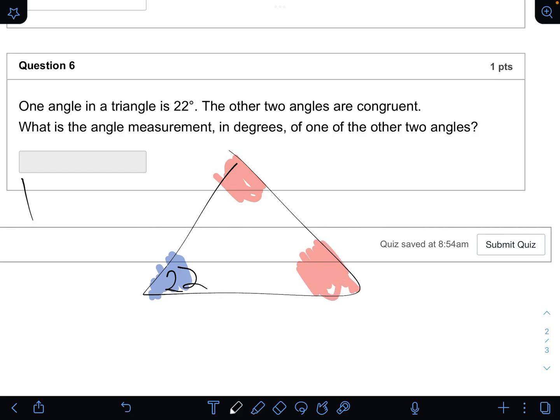To make my life easier, I'm going to take out the angle that I know to see what I have left over to work with. If I do 22, I add 8 to get to the nearest ten, so that makes it 30. And 30 to 180 is 150 away. So 158 is what I have to work with.